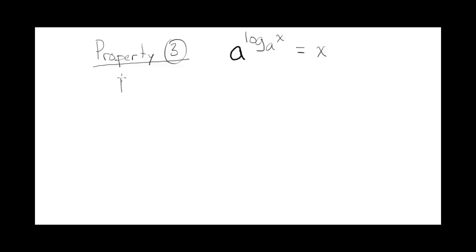And the proof of this is, again, pretty straightforward. You're just going to say let y be equal to the left side of this equation, and then show that y is equal to x. Notice in this case it's already in exponential form, so we'll write it in logarithmic form.